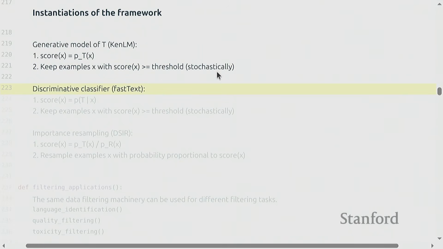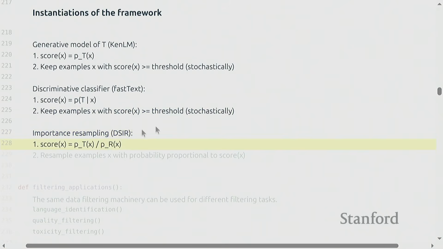You can also use a discriminative classifier, where the score is the probability that this example came from the target as opposed to the raw data set. Then you keep examples where the score is greater than some threshold. Importance resampling says the score is the ratio of two generative models, which could be n-gram models in this case: P of the target distribution over the raw distribution.